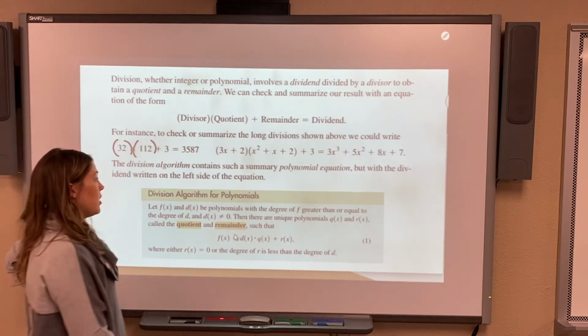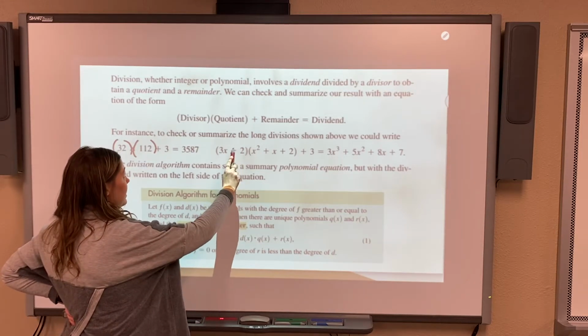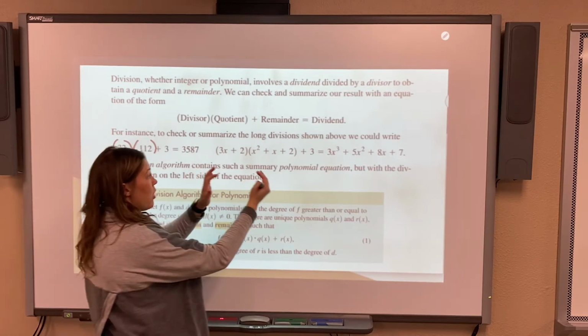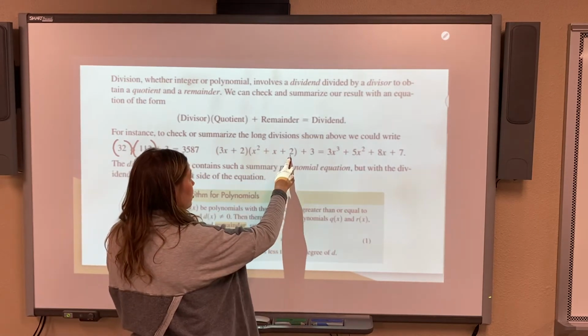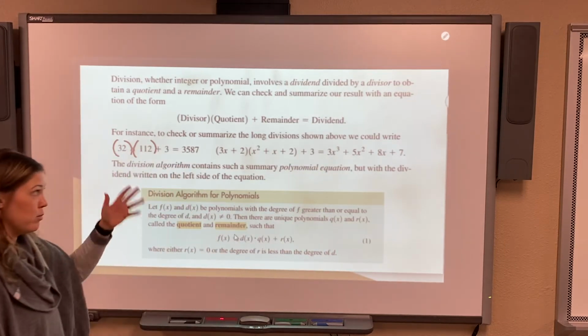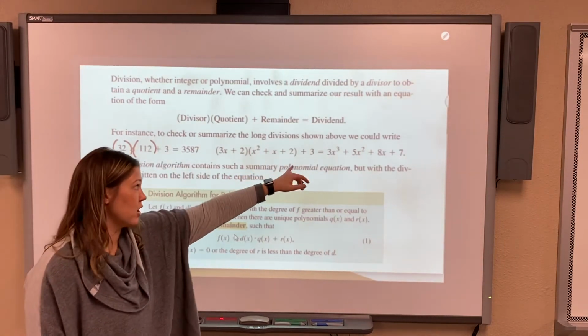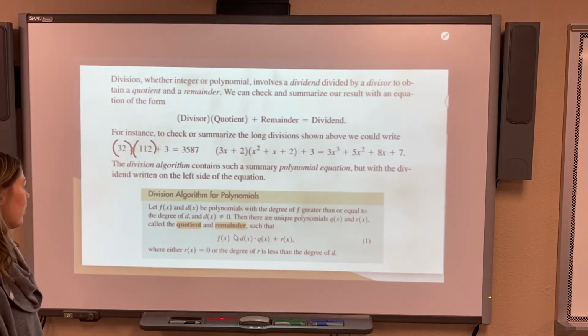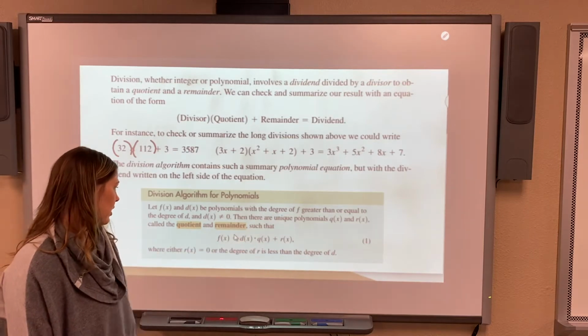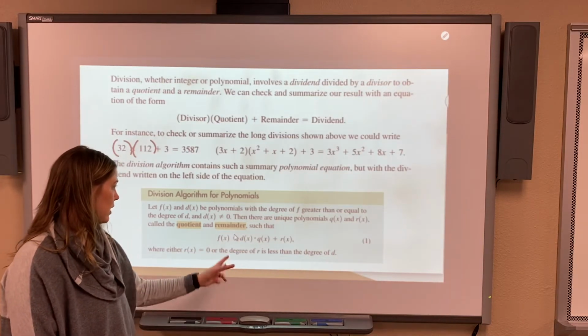Same with the polynomial. The divisor was 3x plus 2, so that's in parentheses. The other polynomial is x squared plus x plus 2, that's what we got, and then our remainder is 3. If we multiplied it out and added our like terms, we would get what we started with.